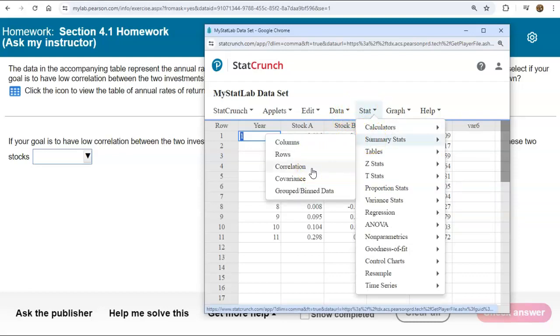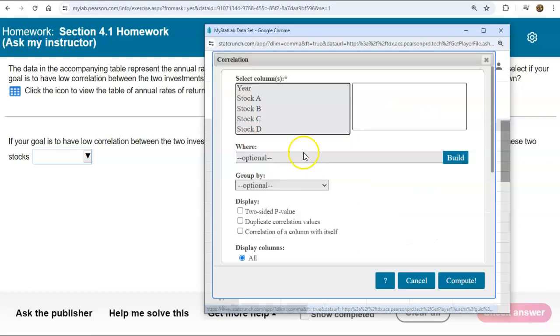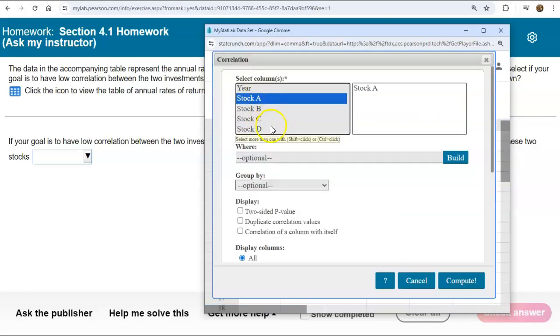When we're doing summary statistics, we're looking at all of the data and saying overall, what's going on? How well do these two things relate to each other for the correlation? And so we're selecting all of the stocks. We want to look at how they all compare with each other. We don't do this much by hand normally, because normally you're just looking at two things.